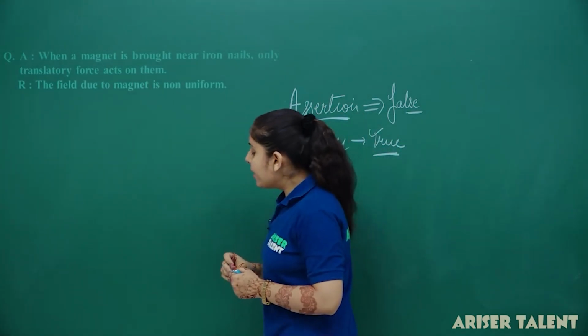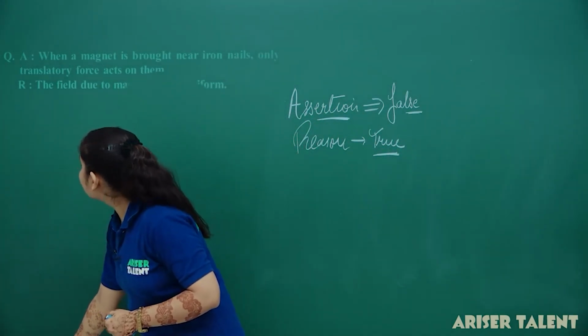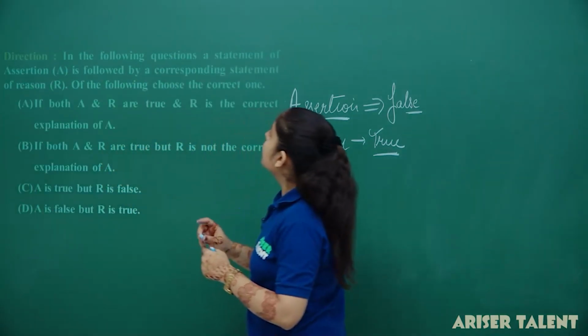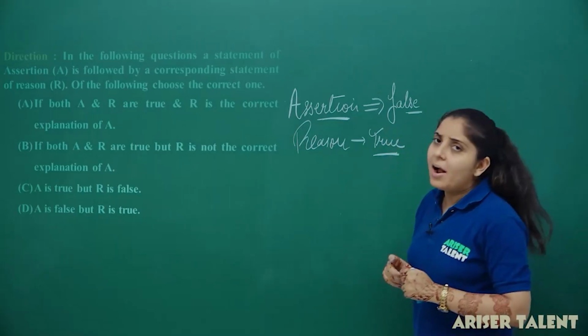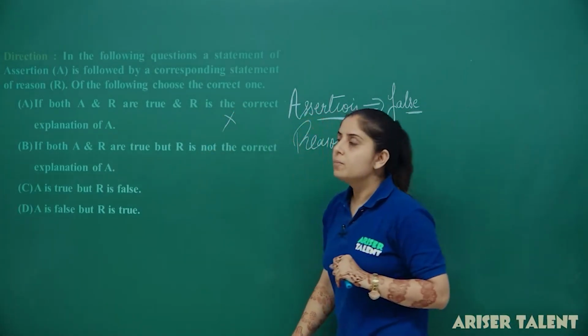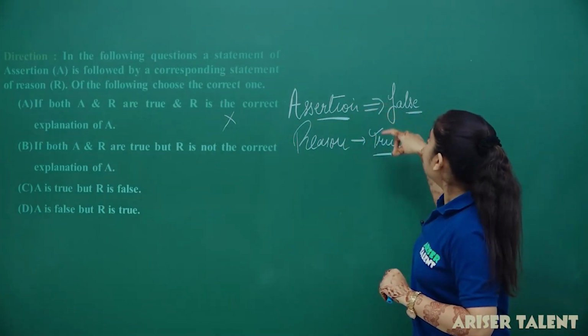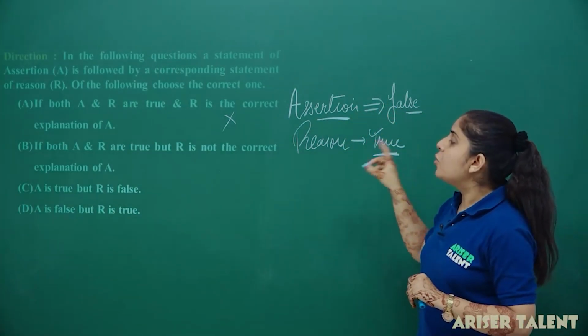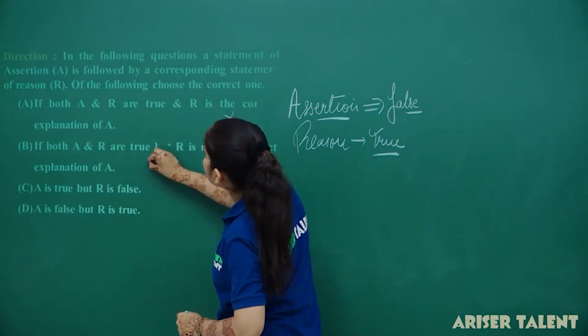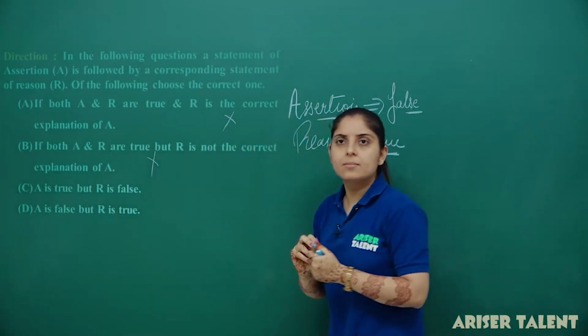But when we compare with the options, these are the options we have. Both A and R are true. This option is absolutely wrong because A and R are not both true. A and R are true and R is not the correct explanation of A, again we cannot consider this option, because both are not true.